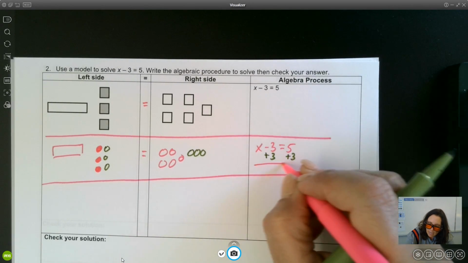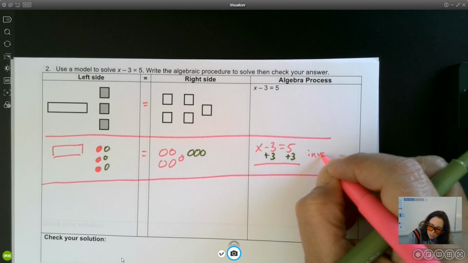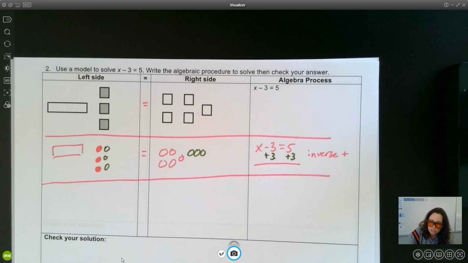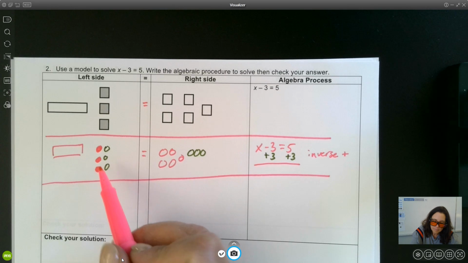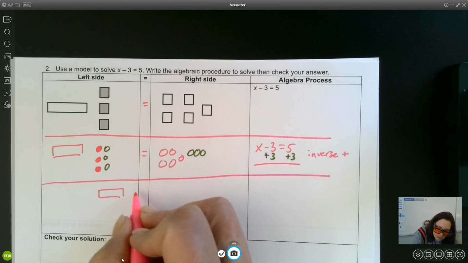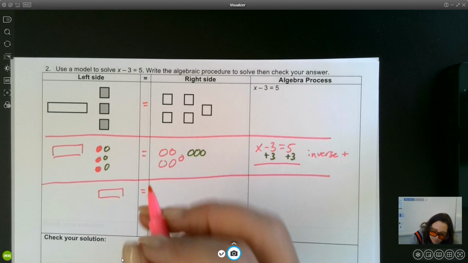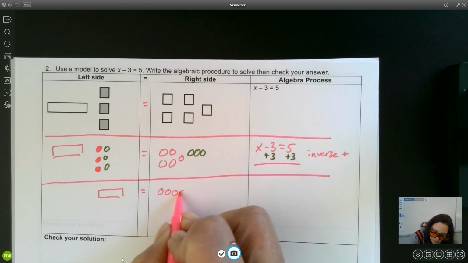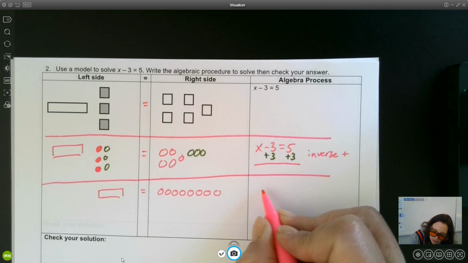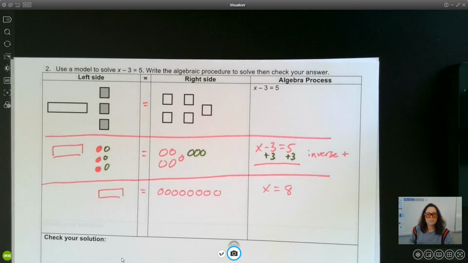Again, I am using the inverse property of addition in order to do that. That's the property I just learned that allows me to do that. All right, let's see what we have left over. 0 pairs. So I have my x equals 1, 2, 3, 4, 5, 6, 7, 8. x equals 8.